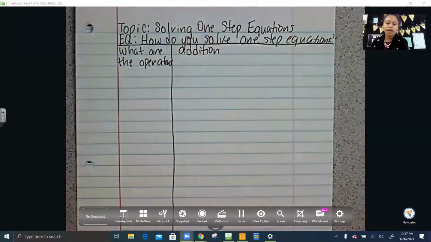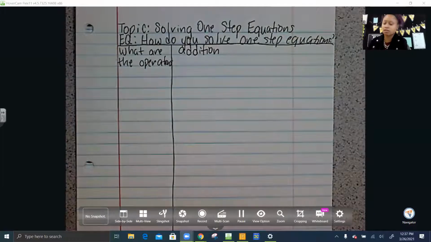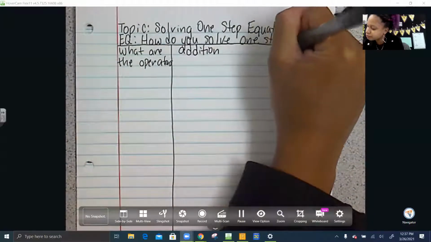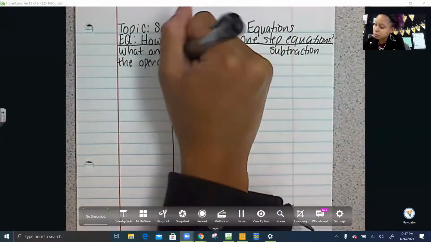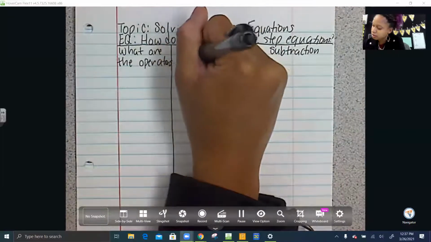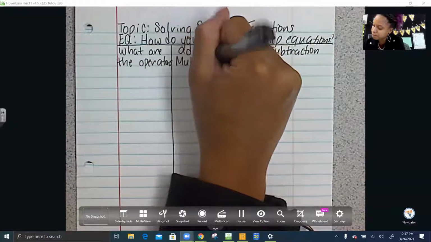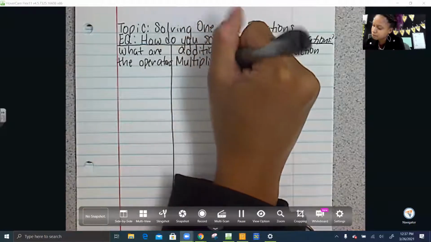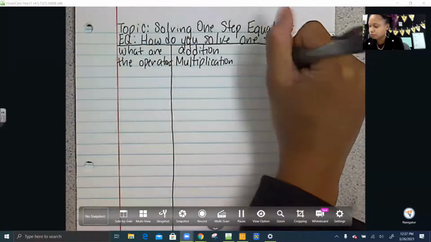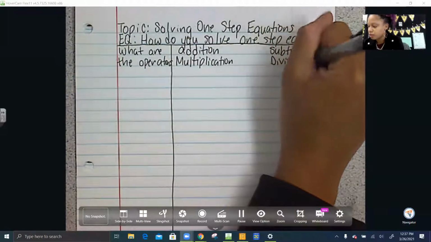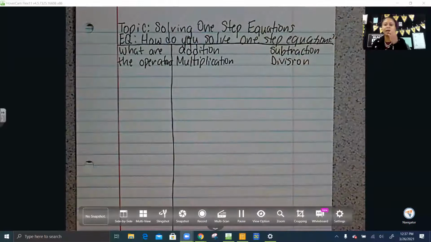After addition, there is also subtraction. There is multiplication. And then there's also division. So these are the four main operations that we are going to be talking about.